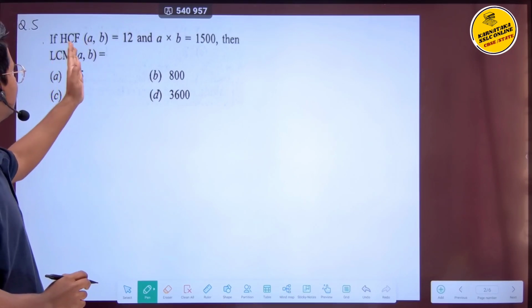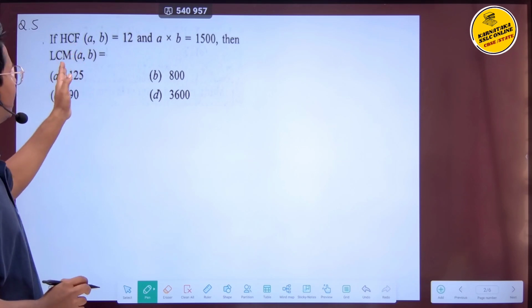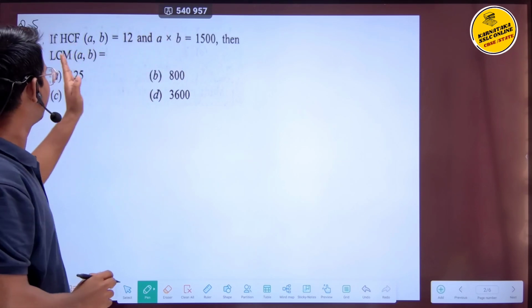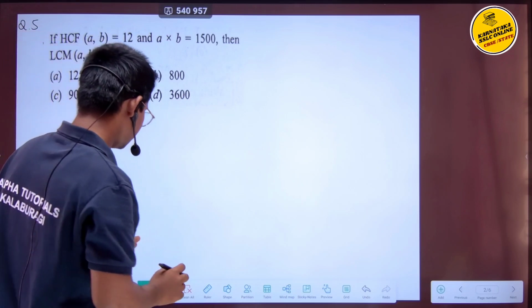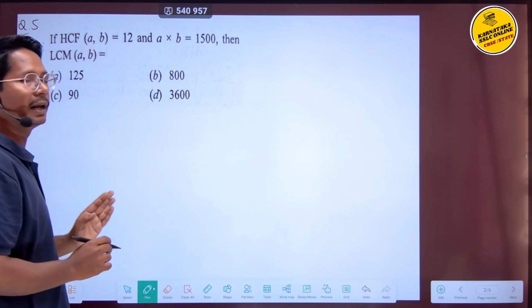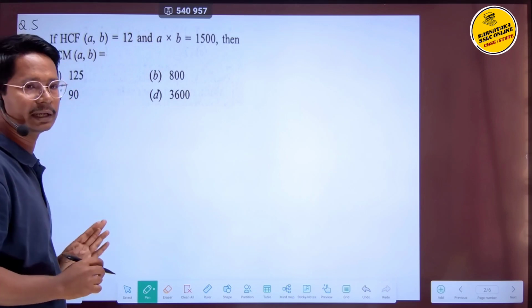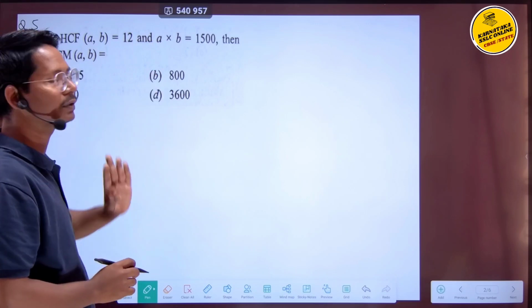Okay, so they have given the HCF, they have given the product of the two numbers, and you need to find the LCM. So the only thing is you need to understand the relation between these three things: LCM, HCF, and the product of two numbers.